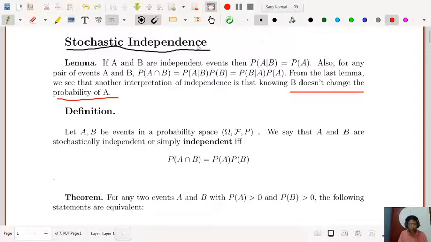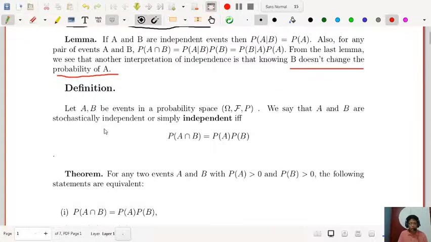Okay? Now we can define more formally the independency of two events. So if A and B are events in a probability space (omega, F, P), where omega is the event space, F is the class of subsets of omega, and P is the probability function. Already we defined these things.